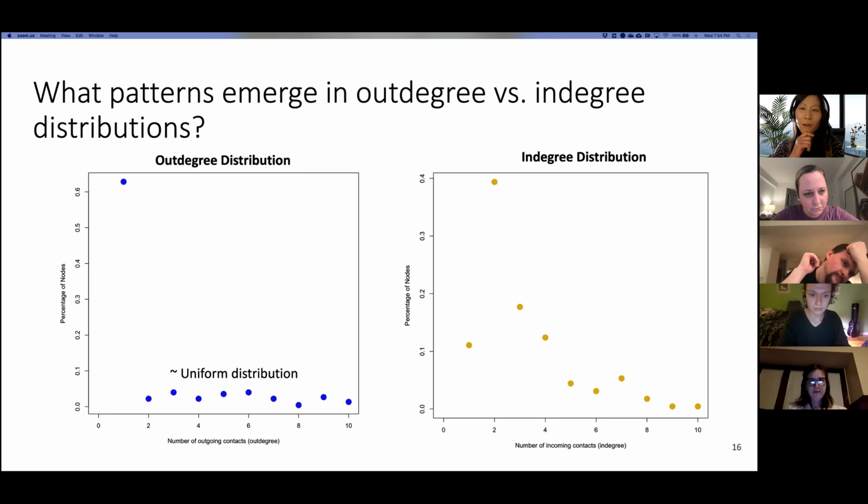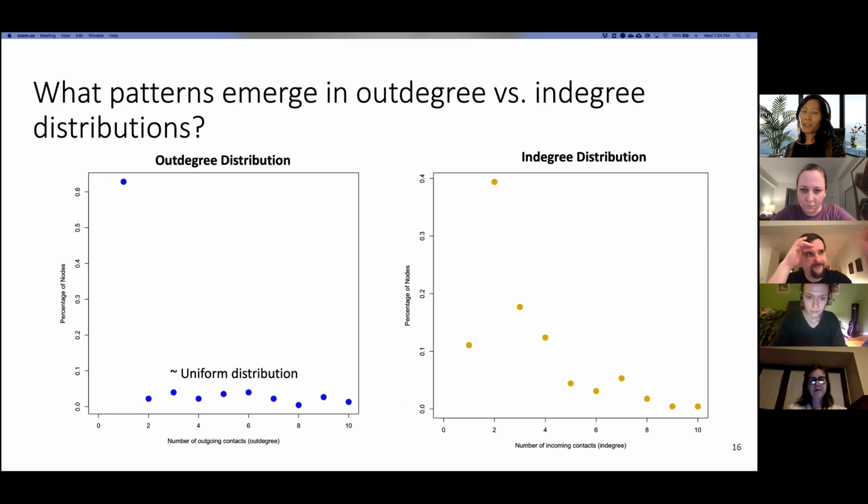What is really interesting is that an out-degree distribution generally tends to be kind of uniform, if you exclude this outlier here at 1, where people said that they talk regularly to just one person. But generally it's pretty uniformly distributed in terms of the number of outgoing ties that people have. In this case, it's between 2 and 10.